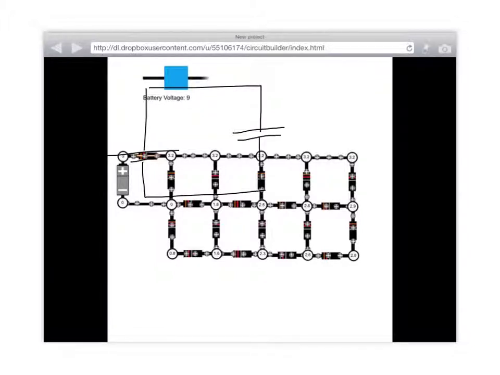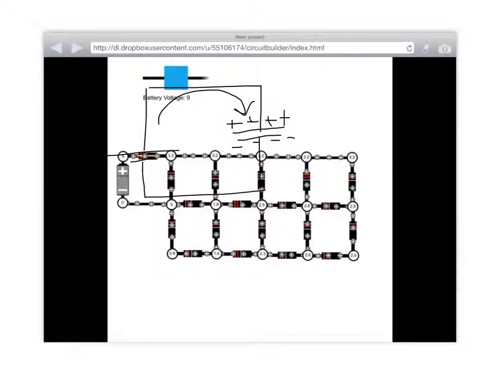The instant you hook up that capacitor to the battery, what's going to start happening? It's going to start charging that capacitor up, right? Until when? Until it's fully charged.